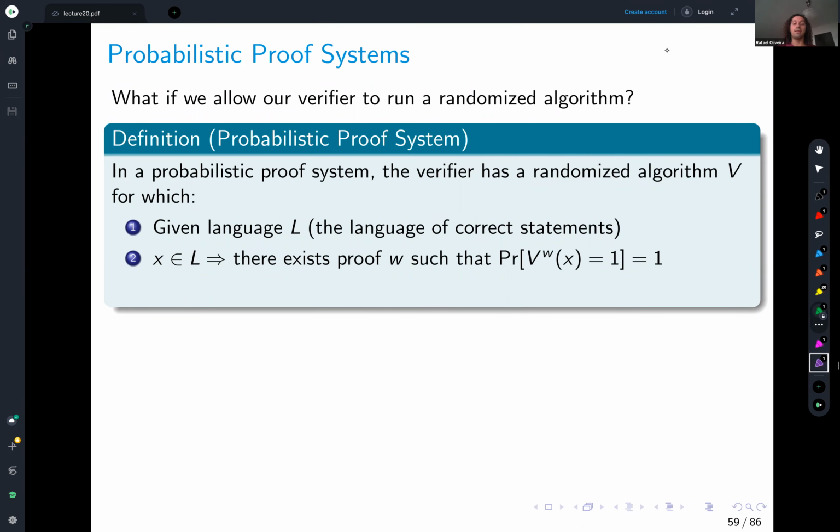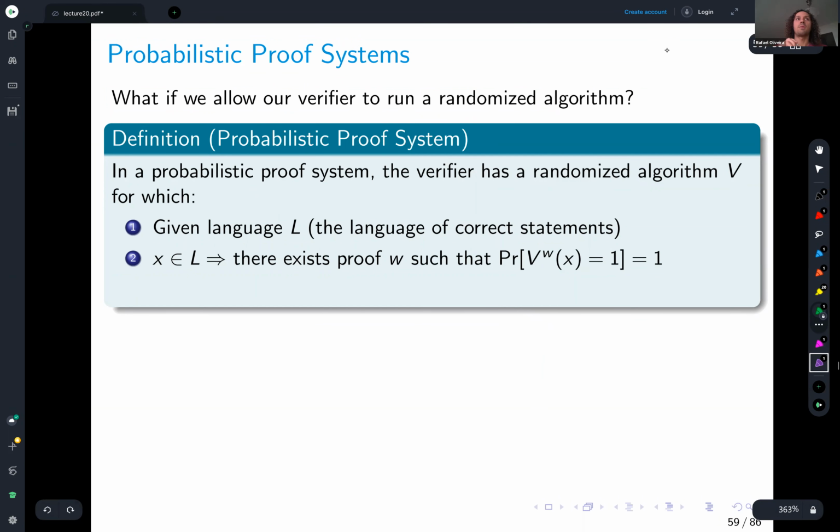I'm not talking about the length, and notice that I'm also not writing V(X, W), because now I'm going to constrain my verifier a little bit: sometimes it is not going to be able to see the whole proof. It's just going to be able to look at the proof as an oracle.